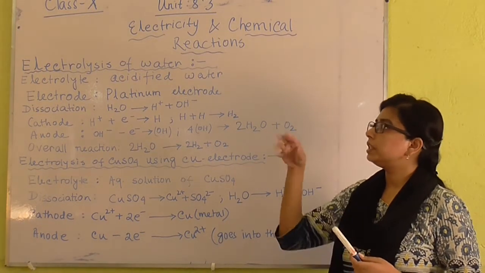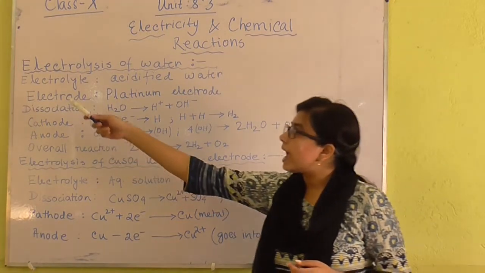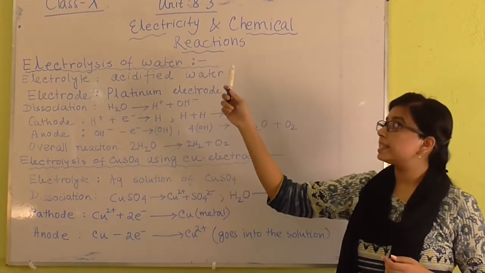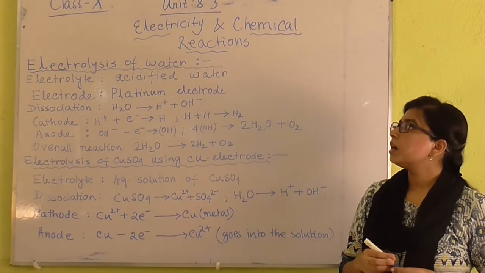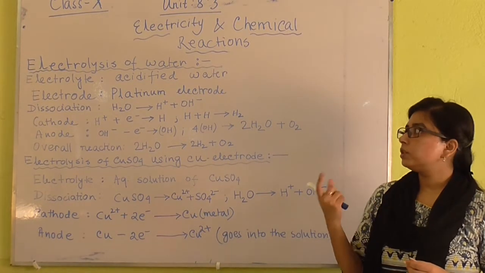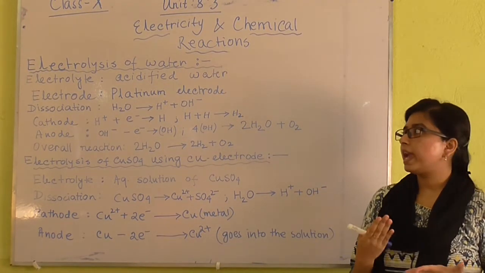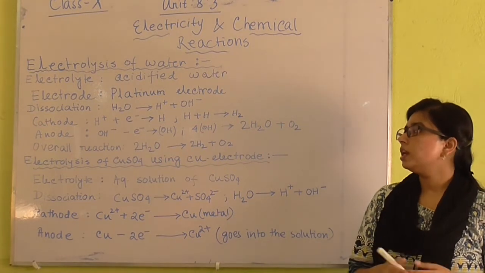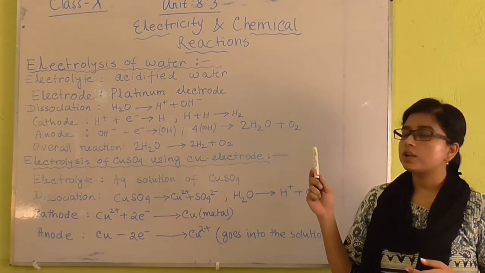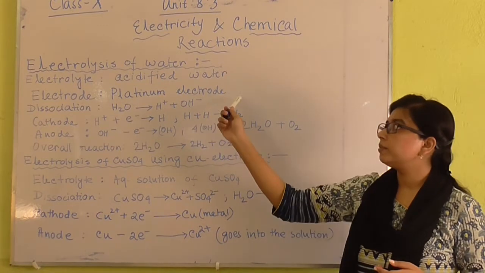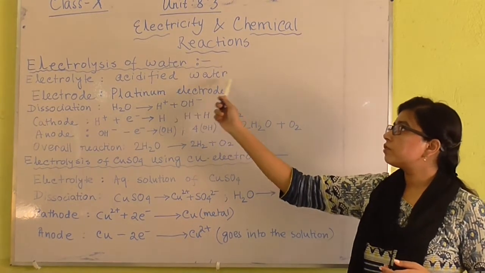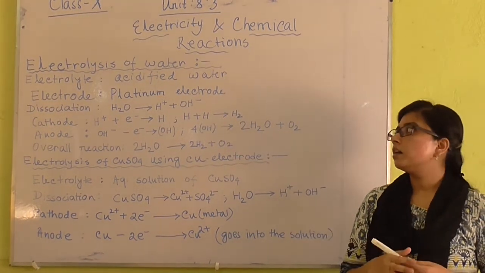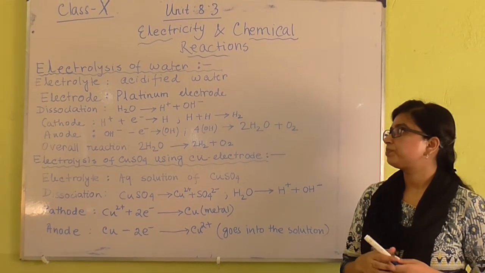So as the electrolyte I have written acidified water here. Then we have to take two electrodes which will act as the anode and the cathode, and for this process I have taken platinum electrodes. Okay, platinum electrodes will act as both the anode and the cathode.